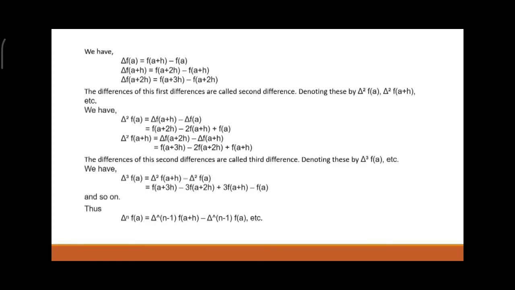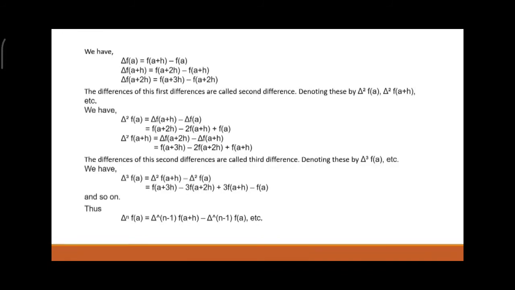The differences of these second differences are called third differences, and we denote them by delta cube f of a, etc. And we have delta cube f of a is equal to delta square f of a plus h minus delta square f of a, which is equal to f of a plus 3h minus 3f of a plus 2h plus 3f of a plus h minus f of a, and so on.